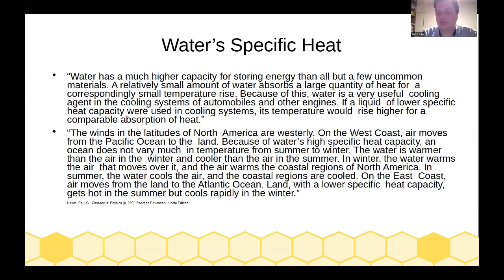When you look at the Pacific Ocean versus the Atlantic Ocean, or San Francisco versus Washington, D.C., which are at about the same latitude, the Pacific Ocean will blow wind in and cool the temperatures in the summer or raise the temperatures in the winter, leading to a more temperate climate.